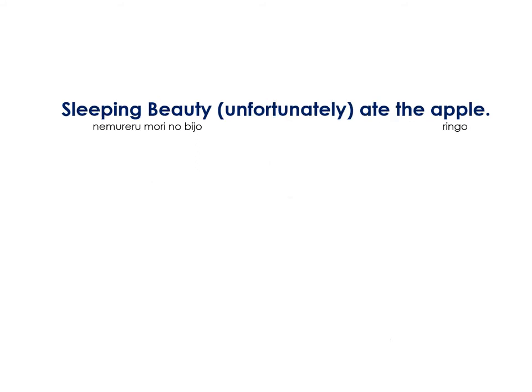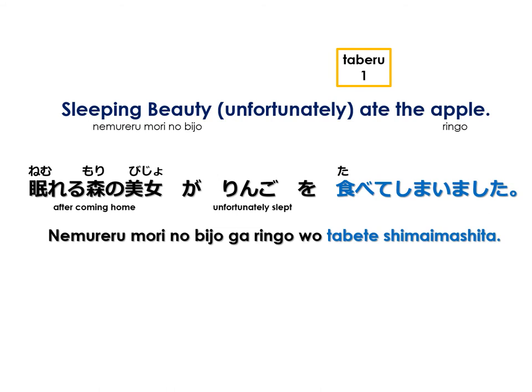Next example, Sleeping Beauty ate the apple. We all know she fell into a deep sleep after doing so. To eat is taberu, a category 1 root dropping verb, and Sleeping Beauty is nemureru mori no bijo, which translates literally to the beautiful girl who sleeps in the forest. And the Japanese is nemureru mori no bijo ga ringo o tabete shimaimashita.